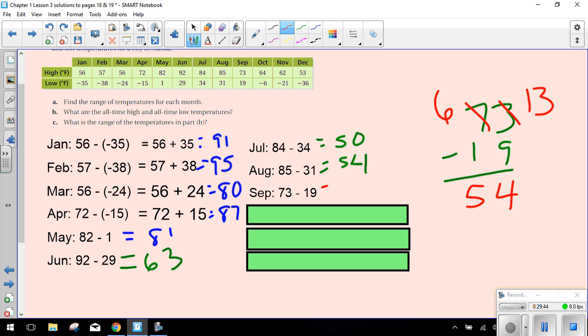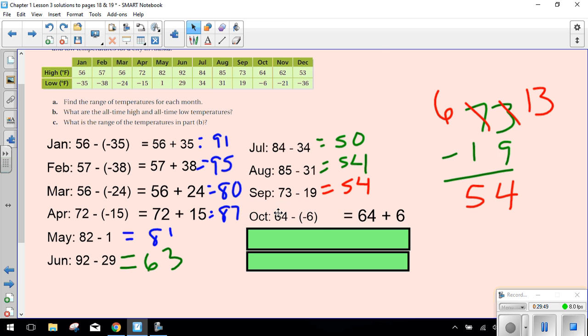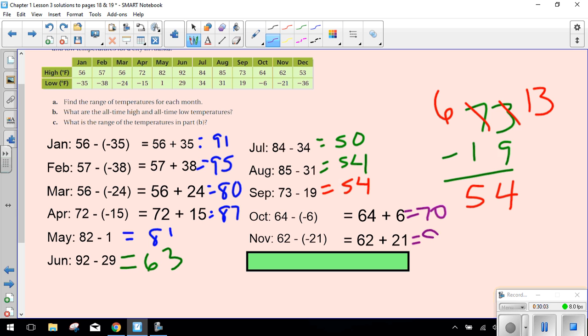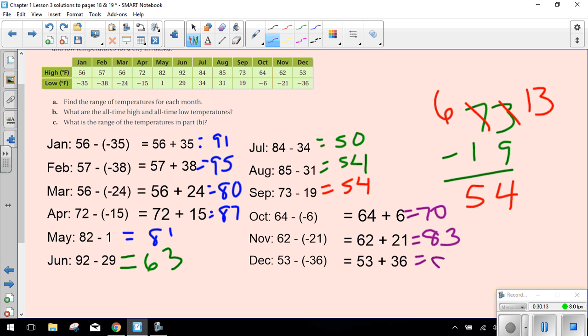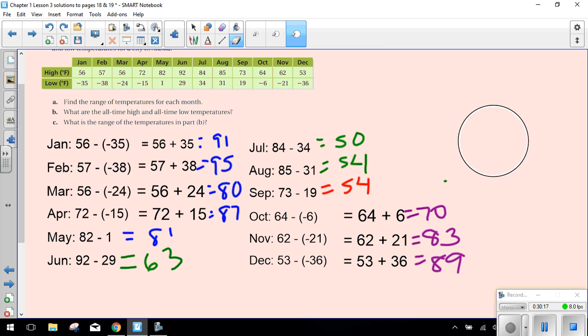Okay, that's 4, and that's 5, so we get 54. Okay, October, we get 64 plus 6, which equals 70. November, we get 62 plus 21, which equals 83. And December, we get 53 plus 36, which equals 89. Okay, that's all of part A right there.